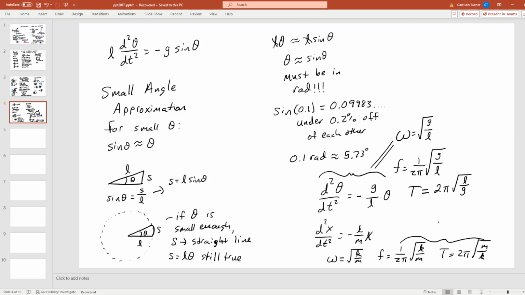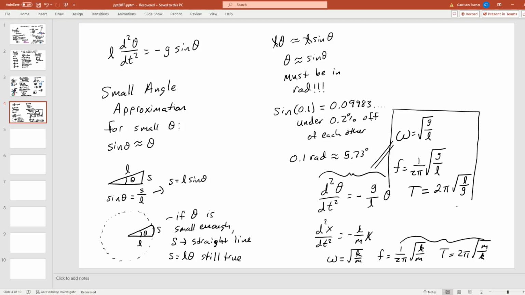And here we can see that the longer I make my string, the longer my period will be. Okay? So these are your three fundamental results for simple pendula. The angular frequency is the square root of your gravitational field divided by your length. Your frequency is that times 1 over 2 pi, and your period is 2 pi times the square root of L over g.